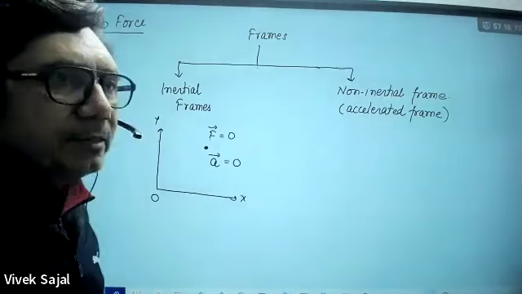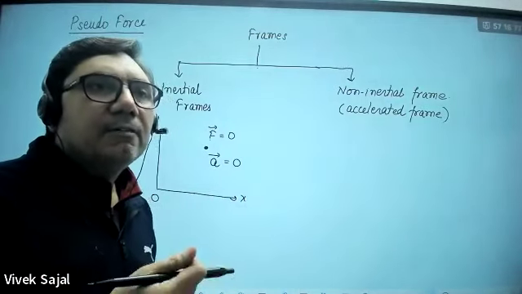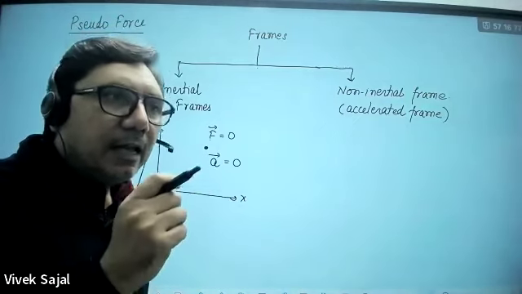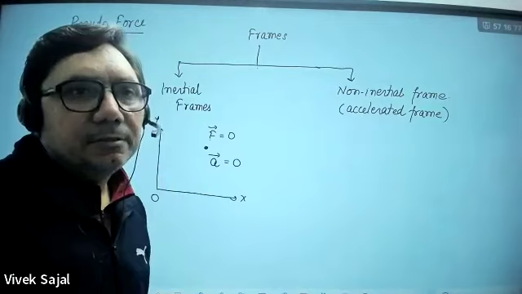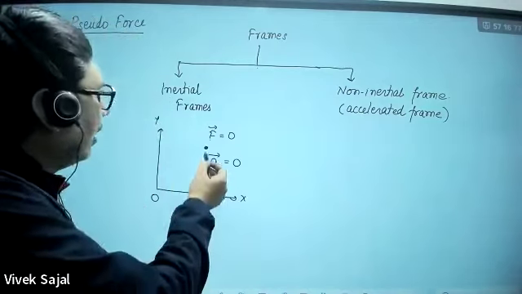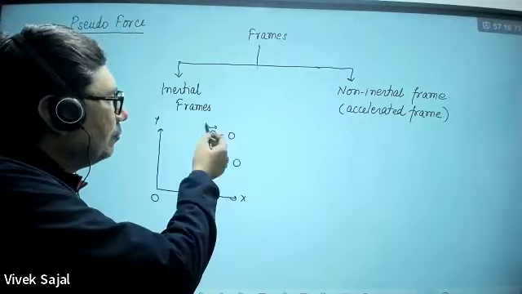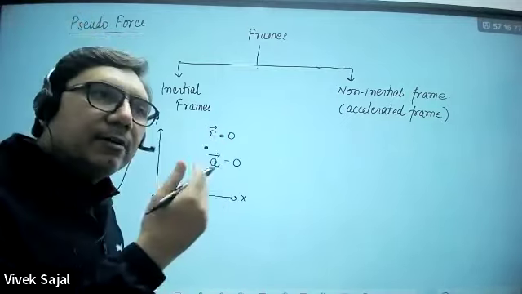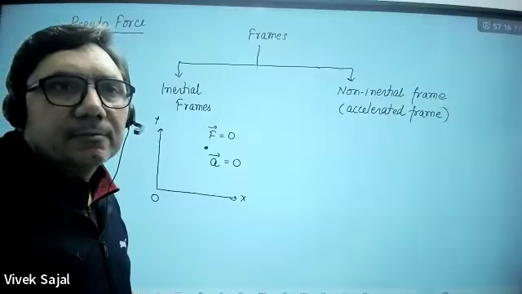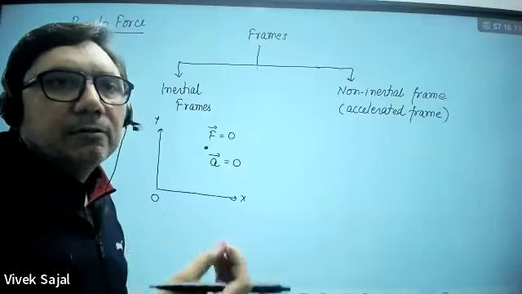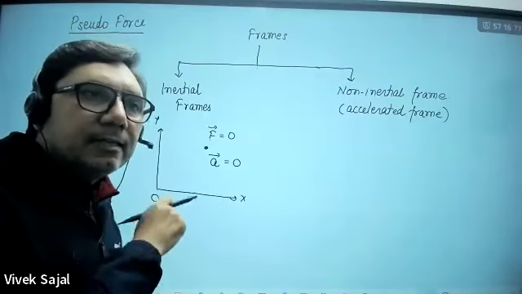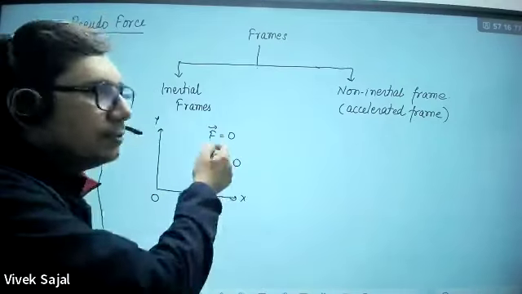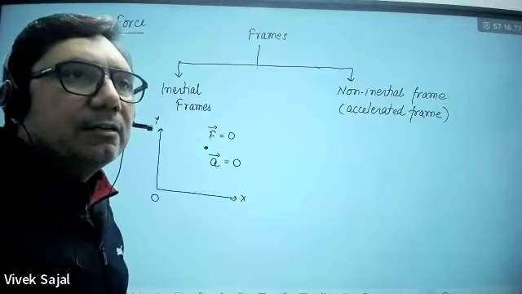So this type of frame, in which if net force acting on an object is zero, then the acceleration of that object is zero. When you say that no force is acting on it, it may be at rest, and if it is at rest, it will remain at rest. Or, if net force acting on it is zero, it is also possible that it is moving with a constant velocity.